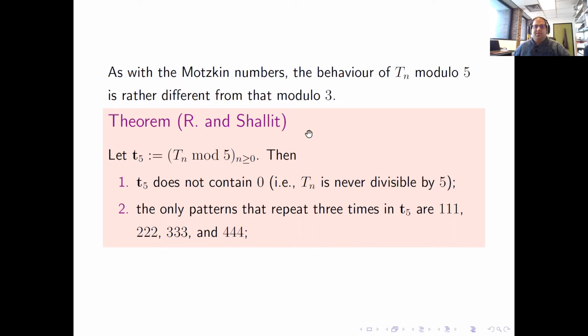We can show that, first of all, Tn is never divisible by 5. We can characterize the only residues that repeat 3 times in a row, or in general, the only patterns that ever repeat 3 times in a row.